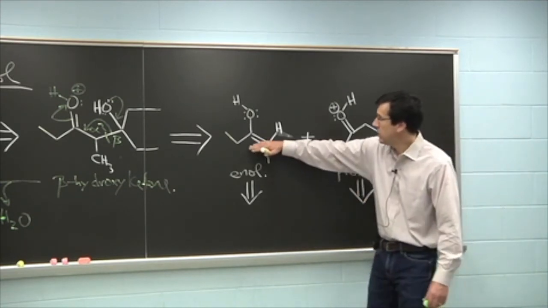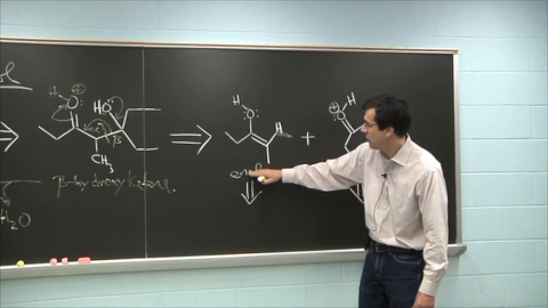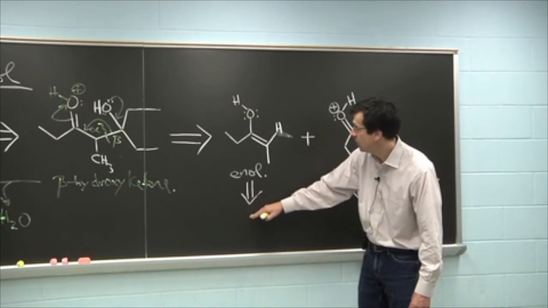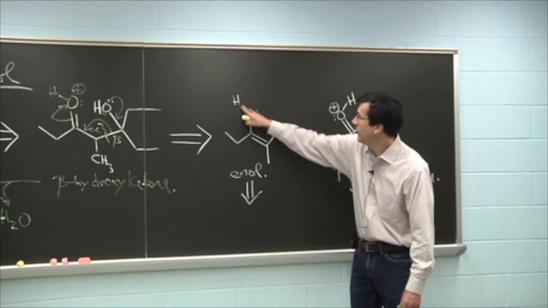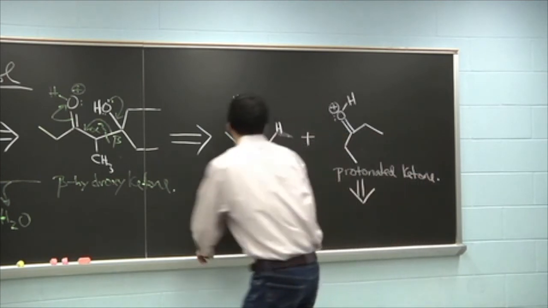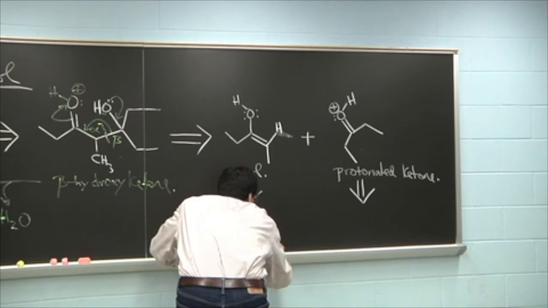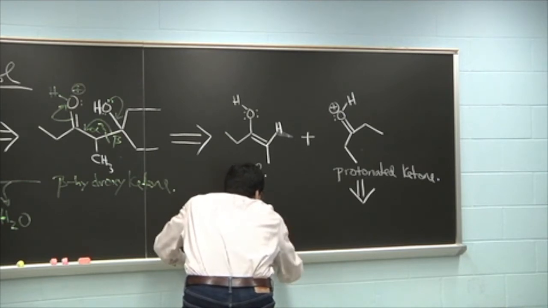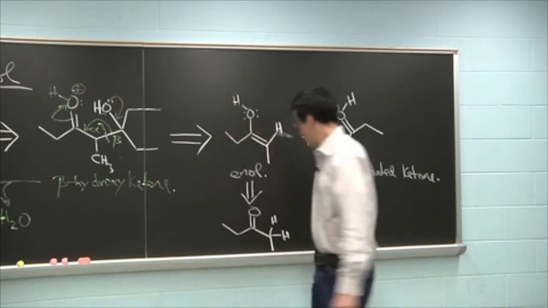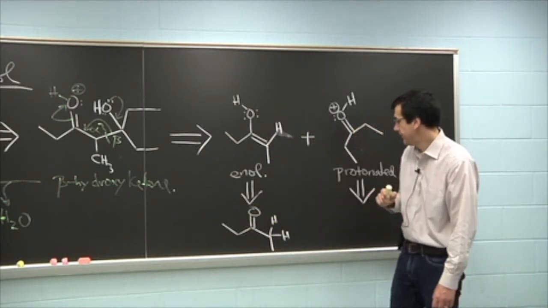Well, let's start with this enol. The enol came from tautomerization of the corresponding ketone. The ketone would just have this hydrogen not on the oxygen, but on this carbon right here. And so this ketone, when enolized, would give this enol.